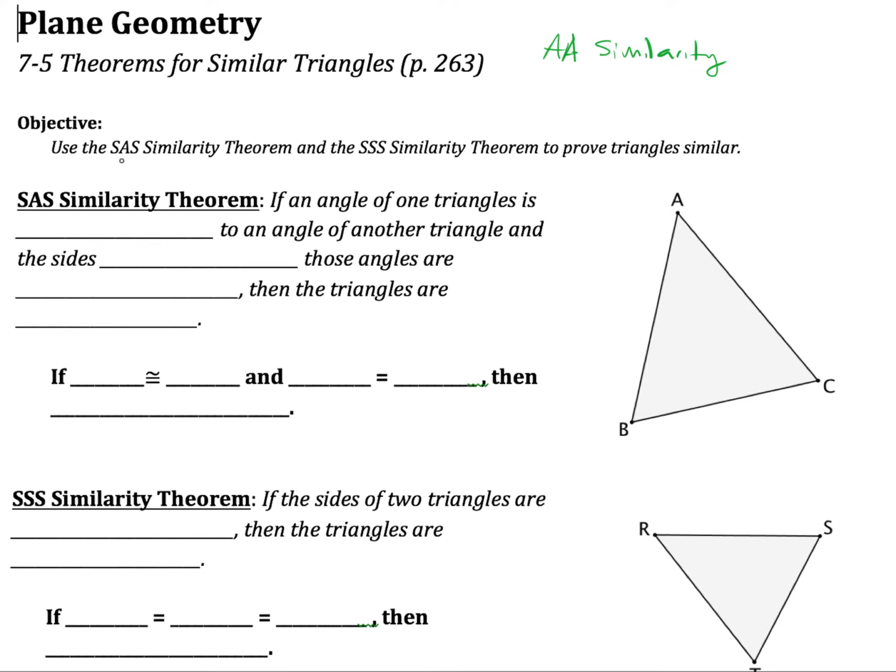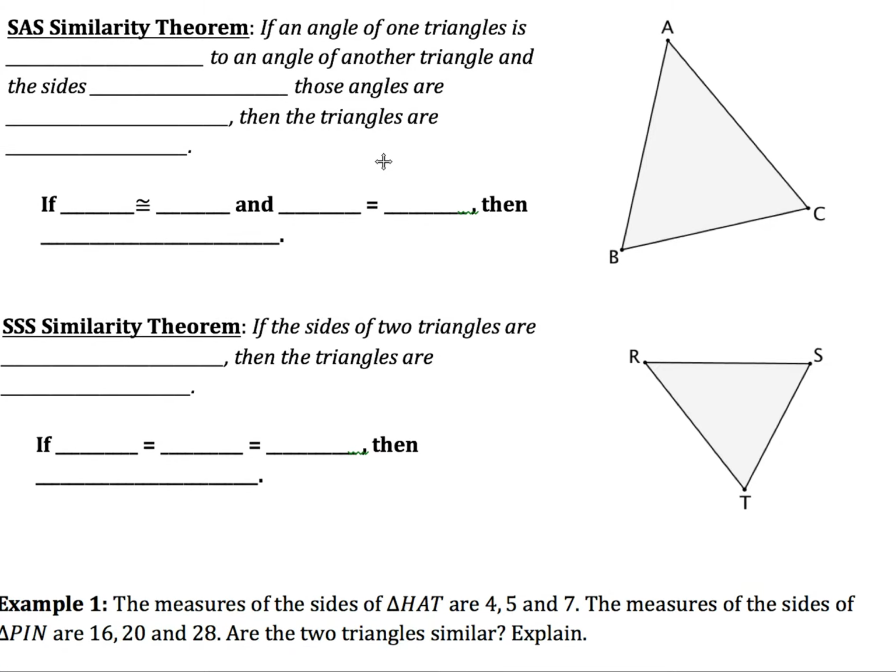Today, what we're going to take a look at is the SAS similarity and the SSS similarity theorems. And these are going to be helpful for us if we're trying to prove that two triangles are similar. So let's go ahead and take a look at the first one. The first one is called the SAS similarity theorem.